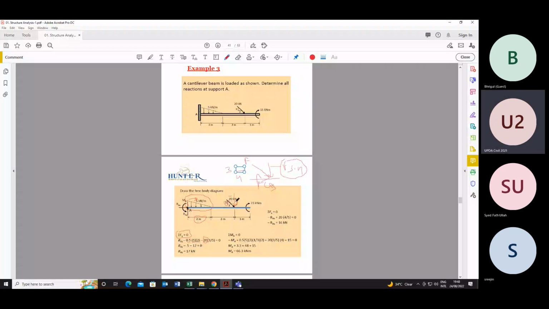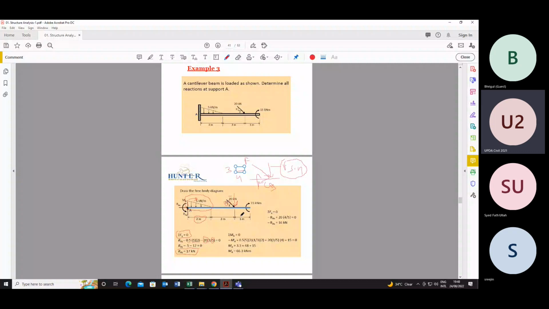Okay, we got RAy. Now we have to find moment and RAx. So let's find RAx. If summation Fx is 0, then the forces in x direction is equal to 0. So in x direction we have RAx.